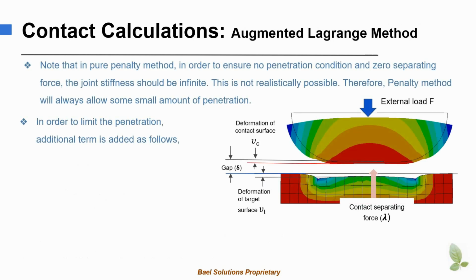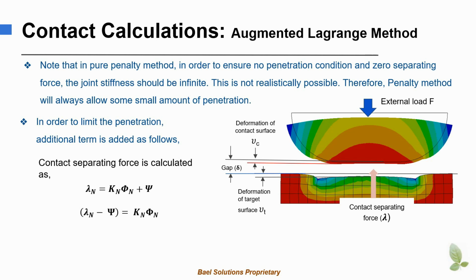Now, we are going to see the augmented Lagrange method. This is just an improvement to the penalty method to limit the penetration. Lambda n is equal to Kn multiplied by phi n plus psi.